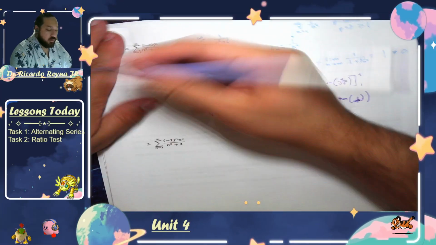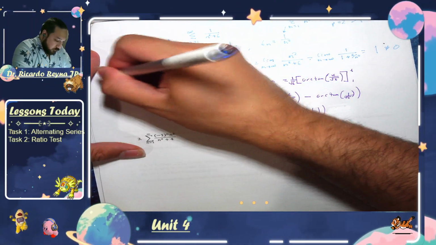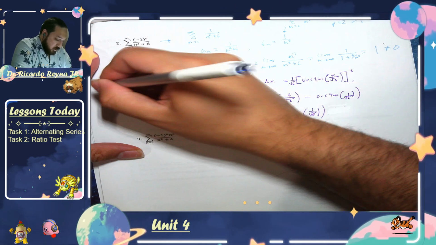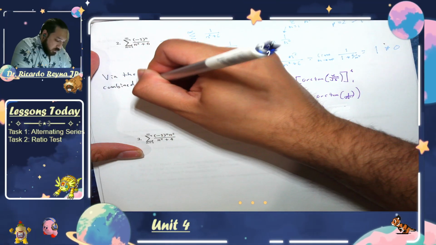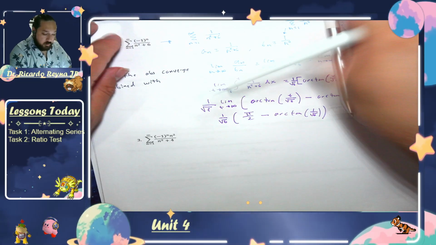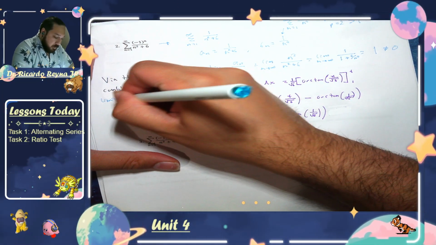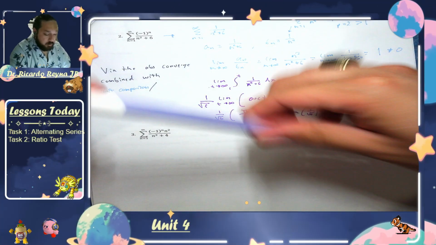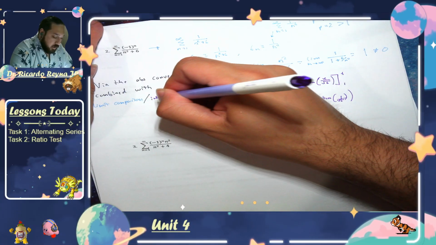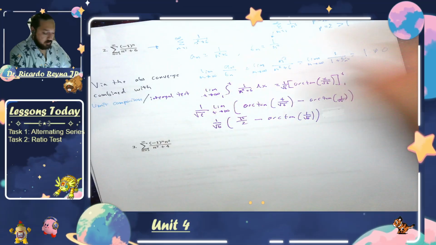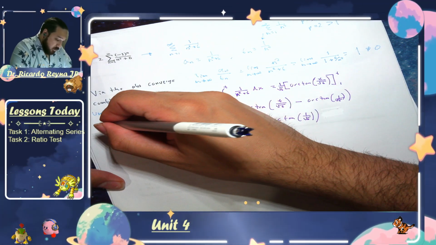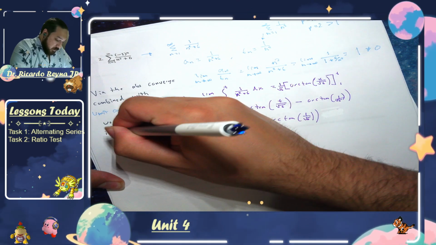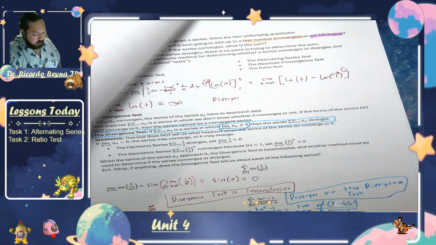So here I'm going to write like this. Via the absolute convergence, combined with, either in blue we did the limit comparison, and then in pink and purple, we did the integral test, we can say our sum converges absolutely.